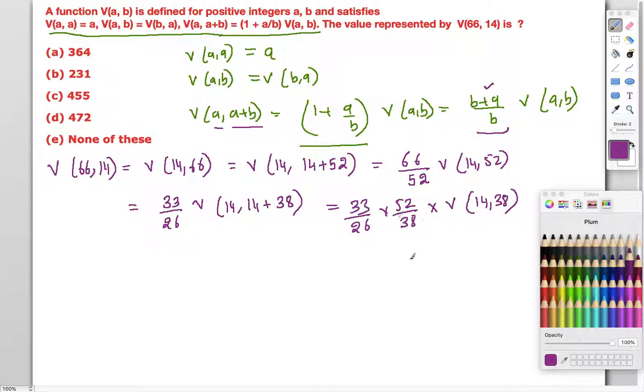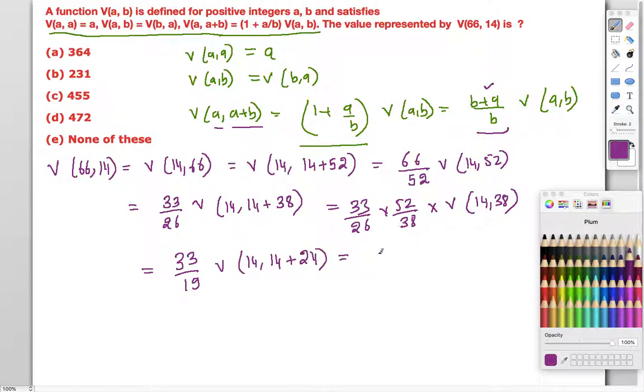Now if you simplify 26 and 52, 26 times 2 is 52, so it comes out to be 66 by 38, or simply 33 by 19. So 33 by 19 into V(14, 38). Now 14 and 38: 14 plus 24 is 38.